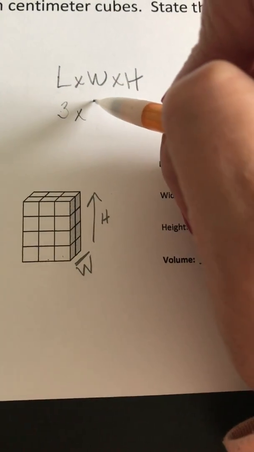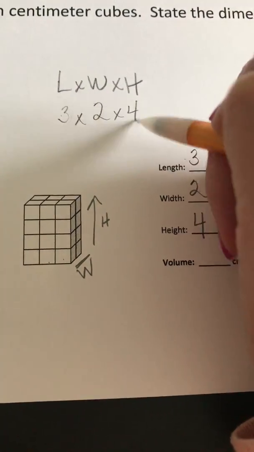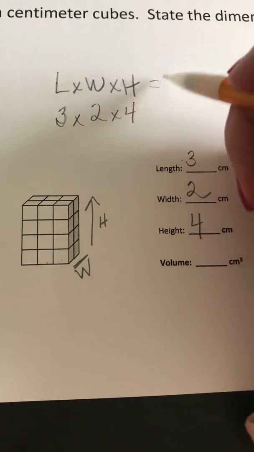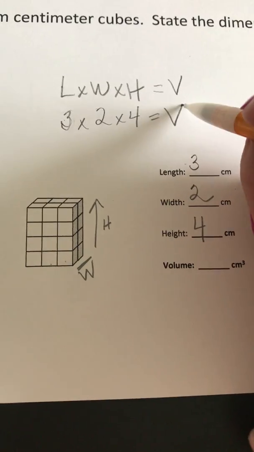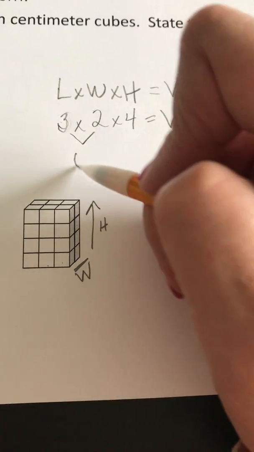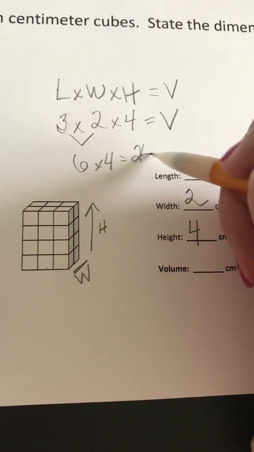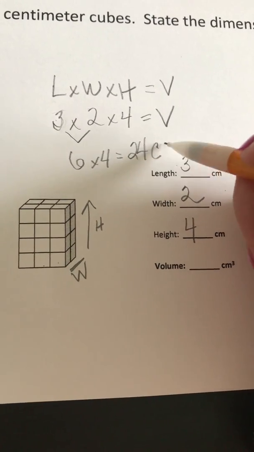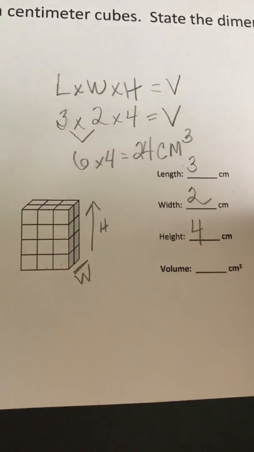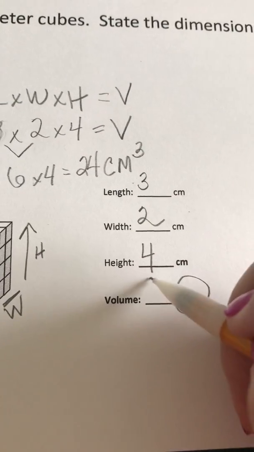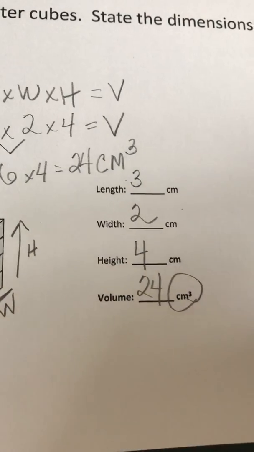Times 2 times 4, which is going to give us our volume. And 3 times 2 is 6, and 6 times 4 equals 24 centimeters cubed. And they have the label already for you here, and you just had to plug in.